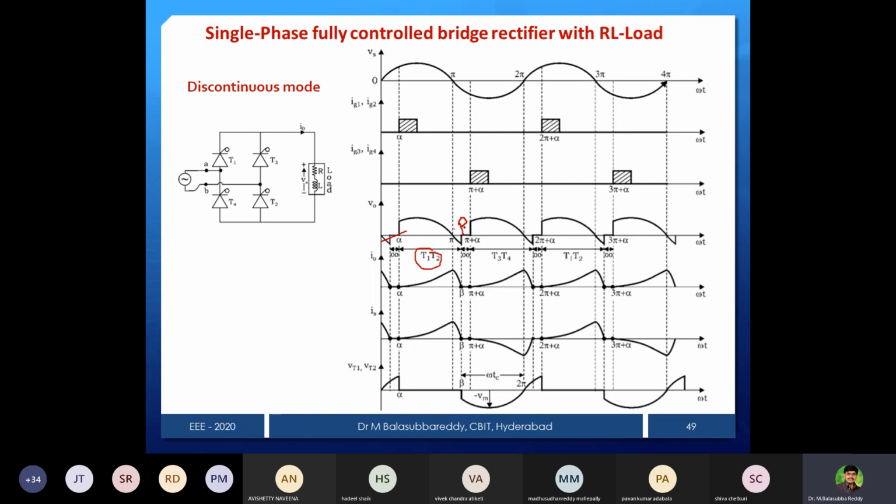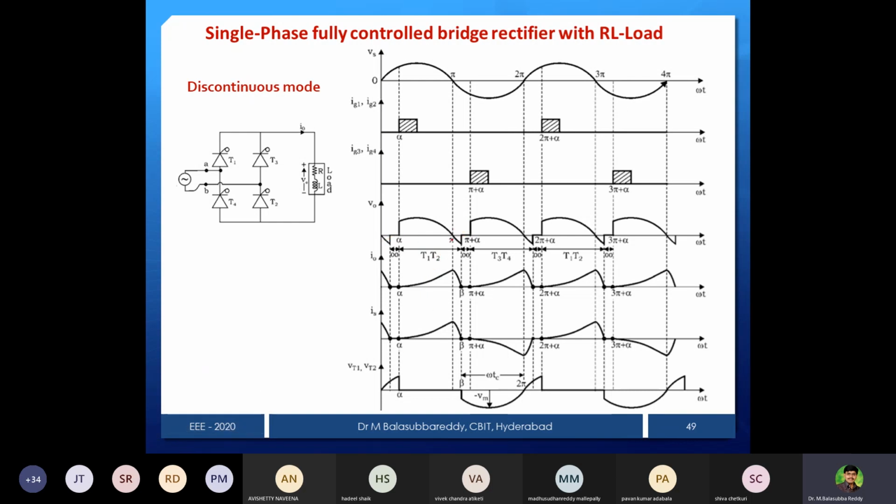As I told in the previous class, in continuous and discontinuous mode, if beta is greater than or equal to pi plus alpha, it is continuous, but if beta is less than pi plus alpha, it is a discontinuous mode of operation. In that context, this gap must be a discontinuous mode of operation.